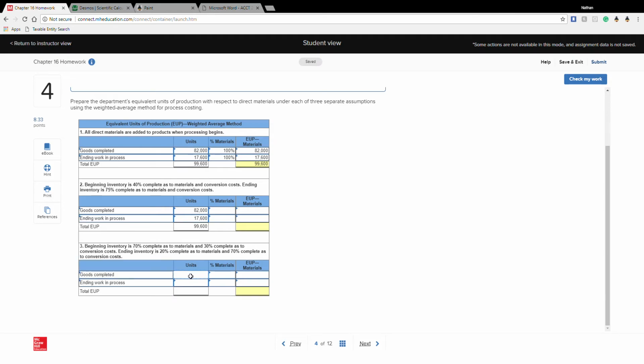So, once you got them all in, all we got to do is look at the scenario and see what they changed. Now, again, anytime we're dealing with complete, we already know that's 100%. So no matter how much they try and change the scenarios, can't really do anything to that.